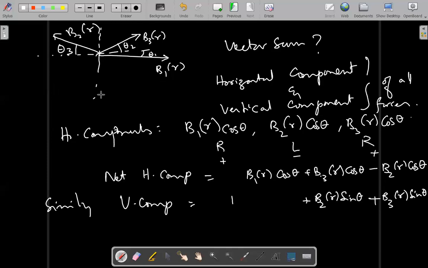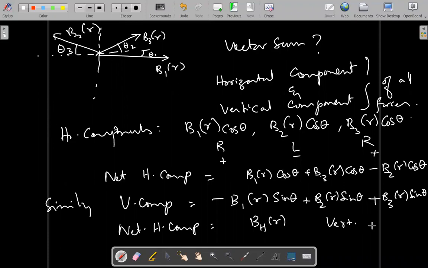And B1R will be coming down, so minus B1R sin theta. When you actually do the calculations, you will have numbers, so you will get one value for this, one for that. Let us suppose the net horizontal component is BHR, and the vertical component will be B vertical R.